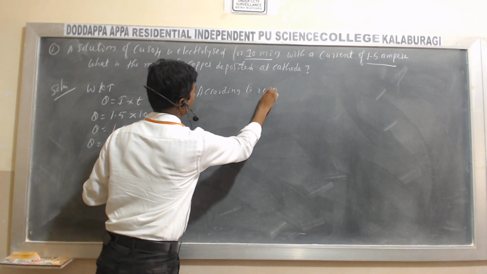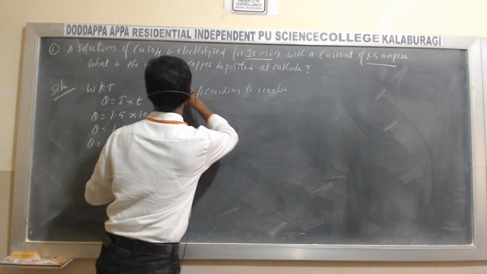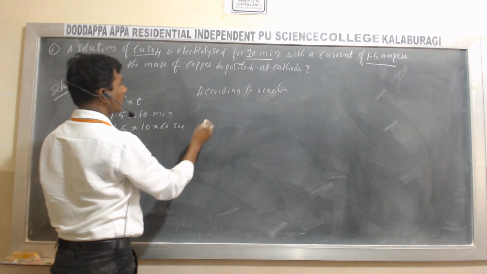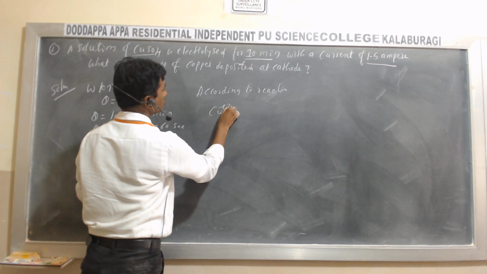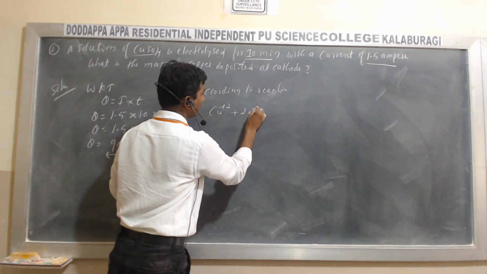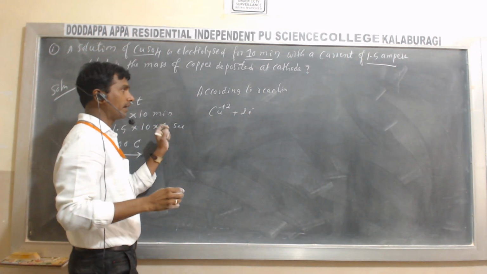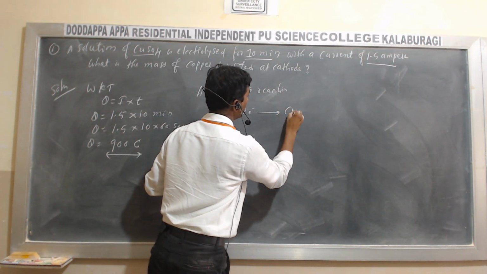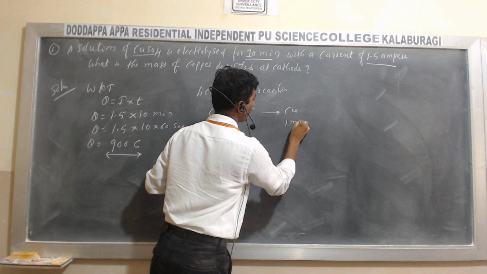According to the reaction, what mass of copper is deposited? In copper sulfate, the charge of copper is +2. The reduction of 1 mole of copper +2 ion gives 1 mole of copper.